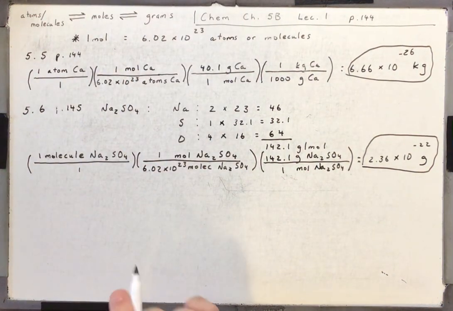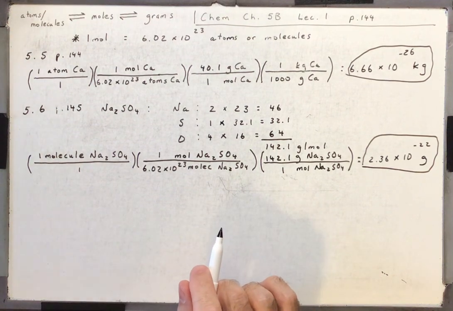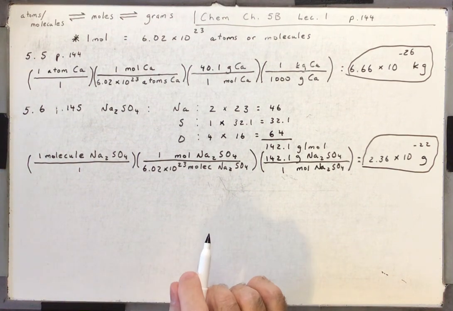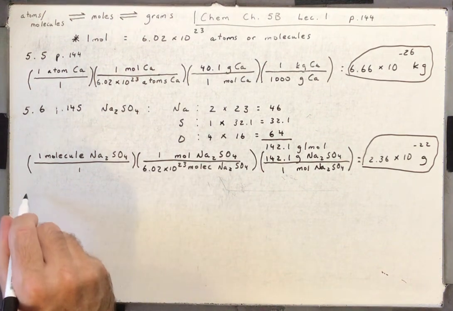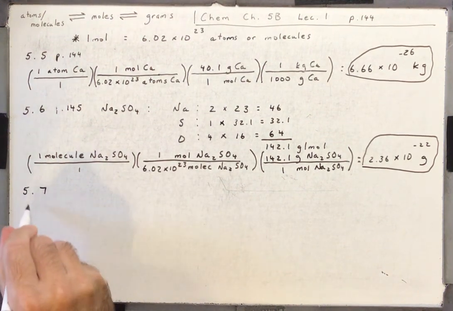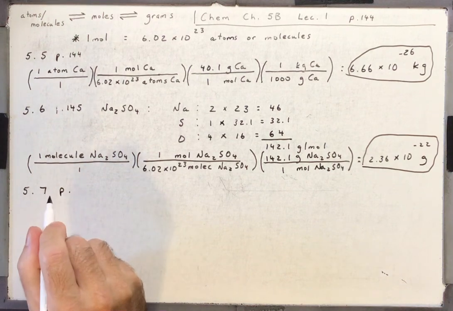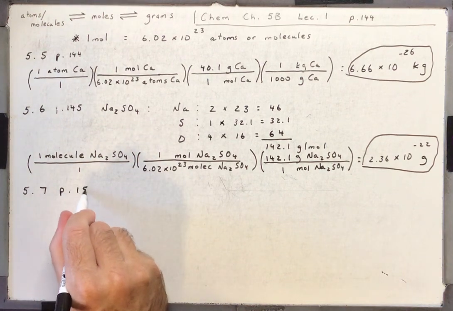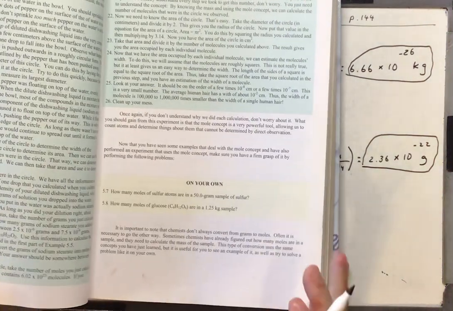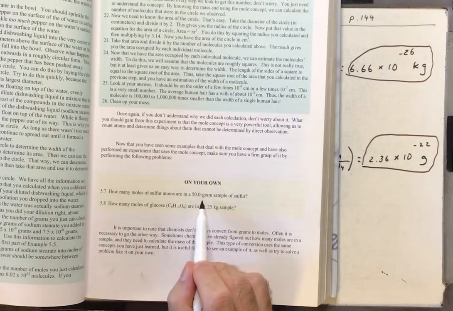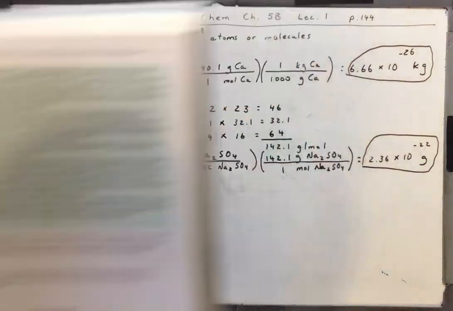Okay, so those are the longish problems. We're going to do a few that are shorter now. If you'll turn over to 5.7 on page 151. That one says, how many moles of sulfur atoms are in a 50-gram sample of sulfur?